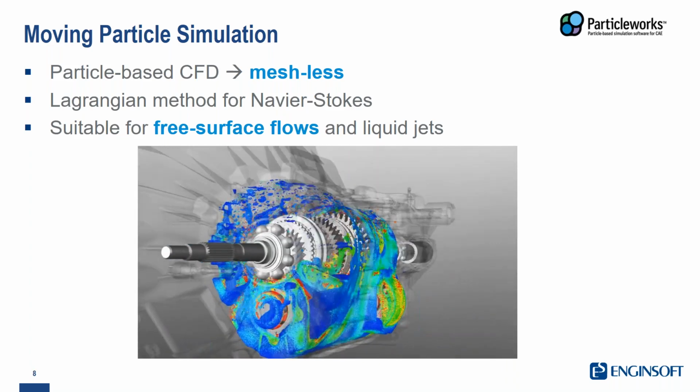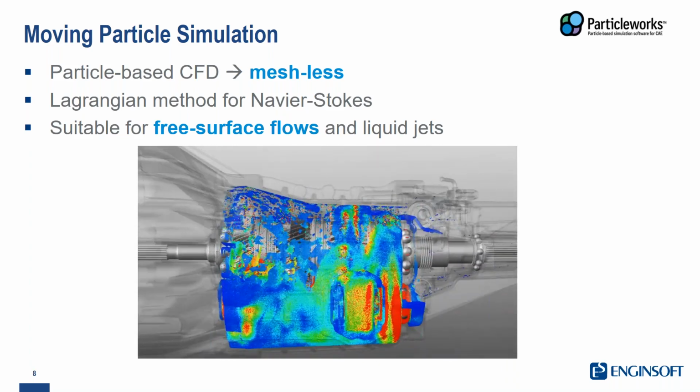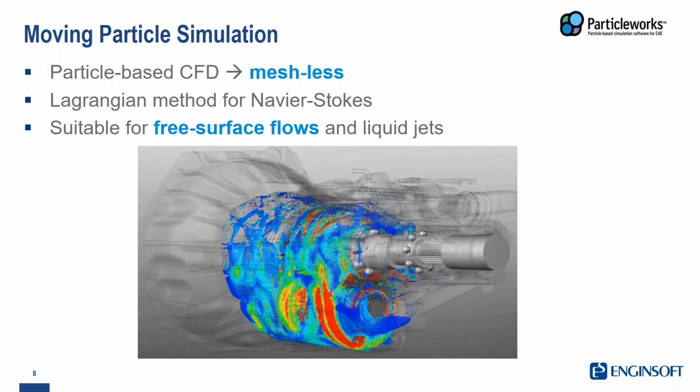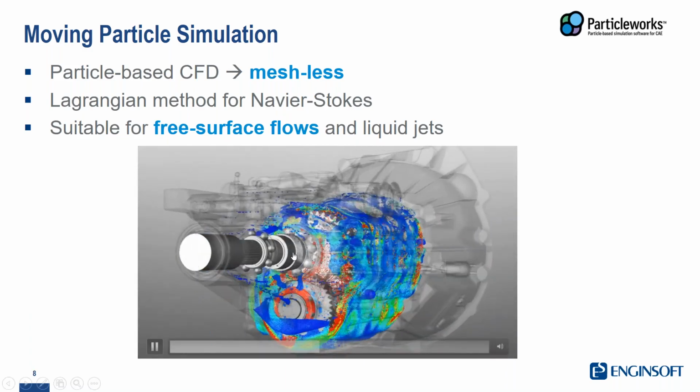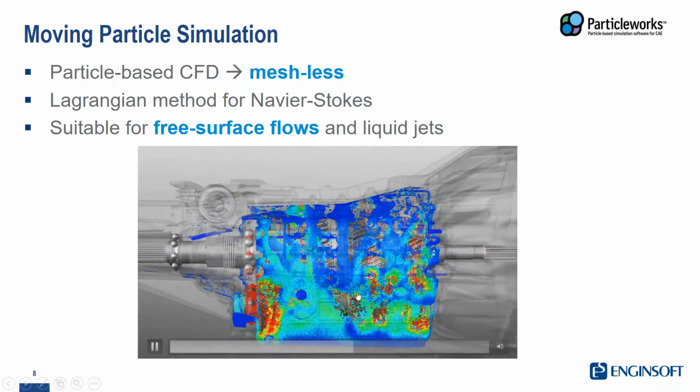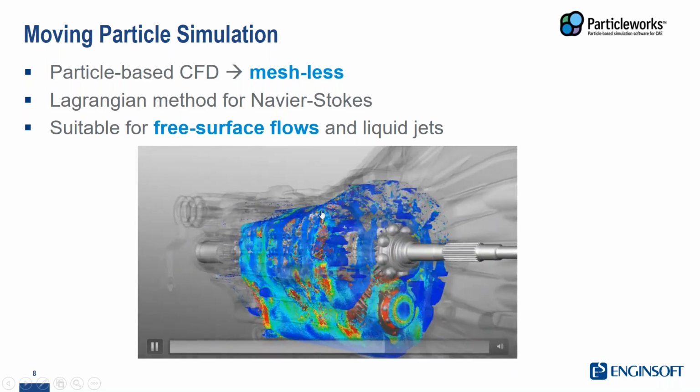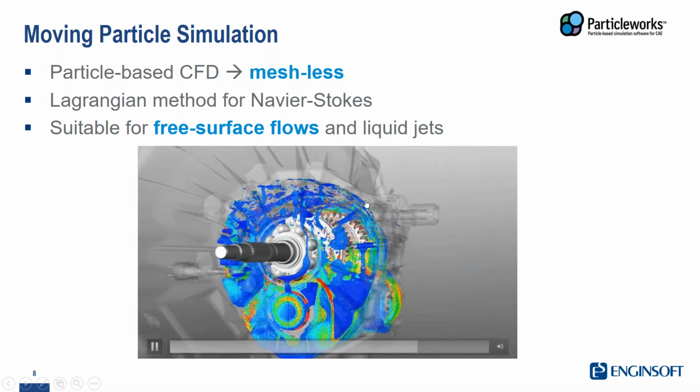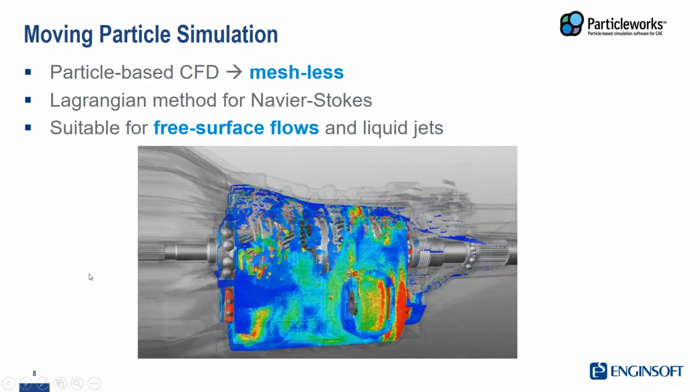It's also very suitable whenever we have a lot of rotating or moving elements, because the fact that we don't need to care about mesh generation or mesh adaptation can really speed up the simulation process.